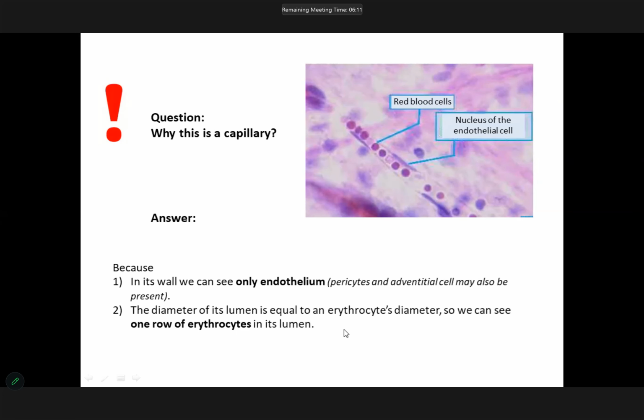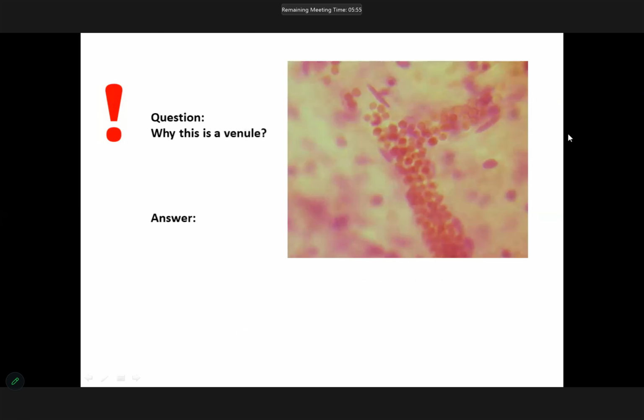And the diameter of its lumen is equal to one erythrocyte. So this is why we can see one row of erythrocytes in its lumen. Not two, not three, only one row of erythrocytes.